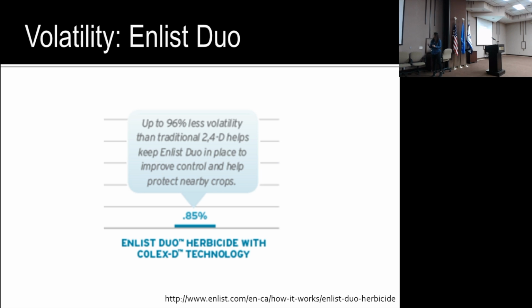Before we look at some of the buffer zones, volatility: yes, I think we have heard today that these companies have done a great job on making these formulations less volatile. 96% less volatile for Engenia Duo compared to traditional 2,4-D formulations.